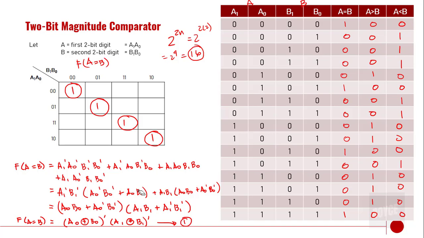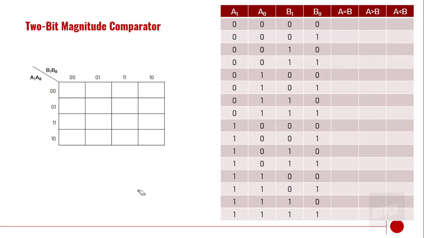Okay, so the next would be ito naman, yung ating A is greater than B. So sulat lang natin. This would be our A is greater than B. So yung function natin kanina na A is equal to B is A0 XNOR sa B0 na naka-AND sa A1 na naka-XNOR sa B1.